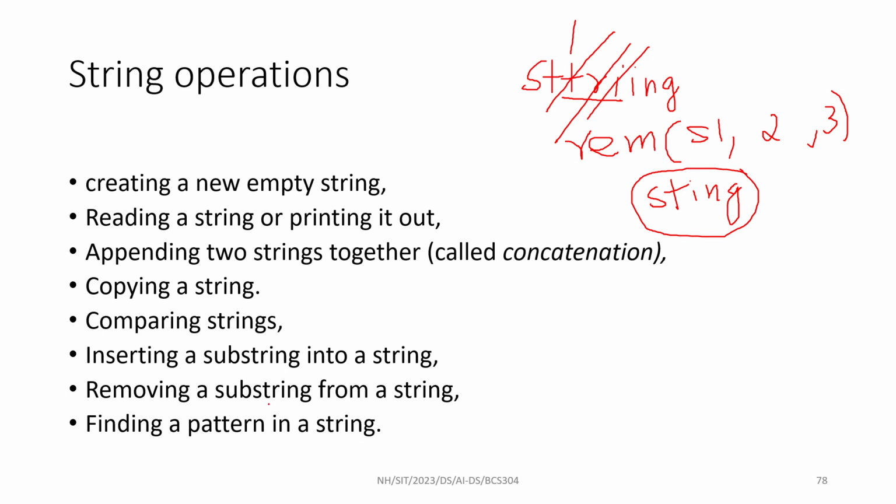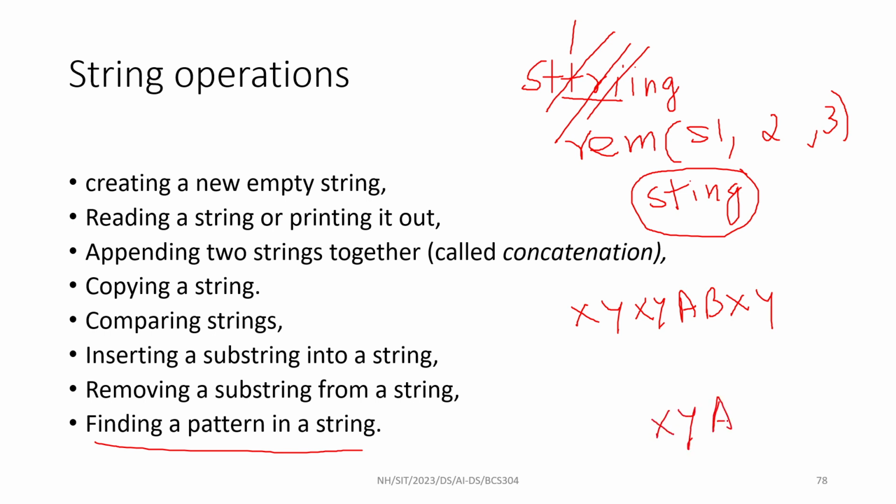There are different varieties. Finding a pattern in a string. For example, if my input string is x, y, x, y, a, b, x, y, I will be looking for the pattern x, y, a. How does it check? X and X are compared, proper. Y and Y are compared, proper. X and A are compared, but not proper. So it says pattern not found.